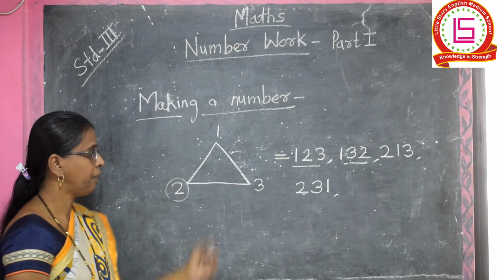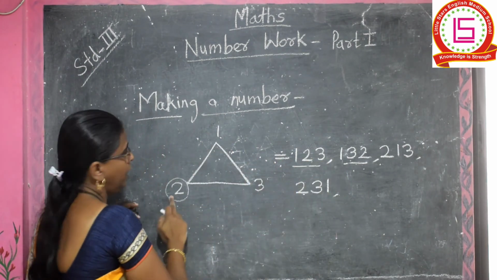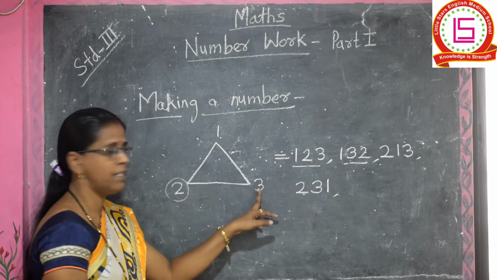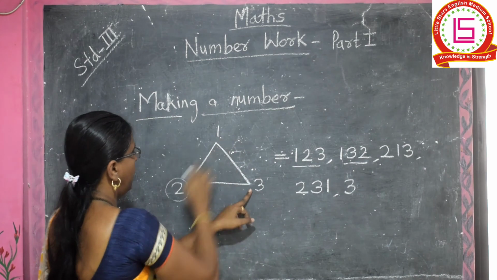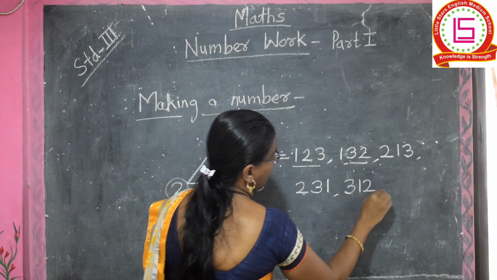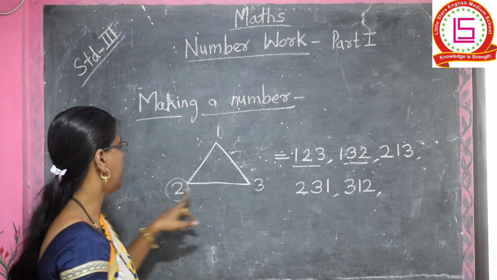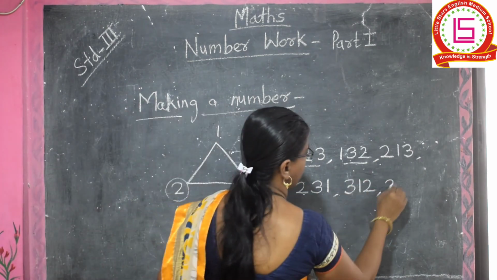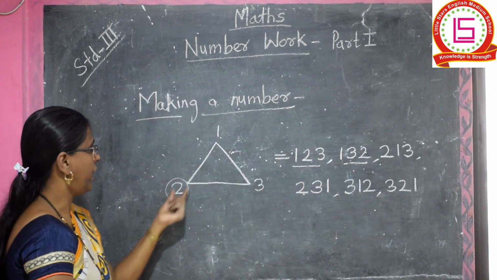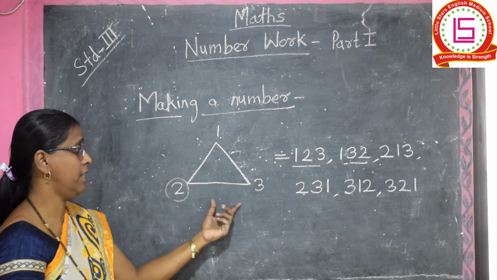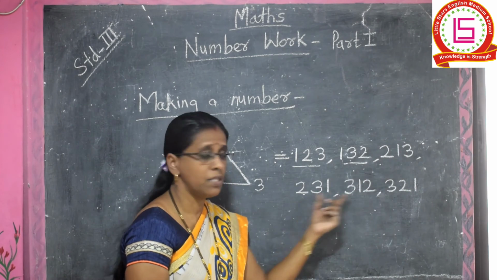Then we take 1 at the hundred place 2 times, 2 at the hundred place 2 times, and last we take 3 at the hundred place: 312, and last 321. See, using these 3 digits we have to write 6 numbers.